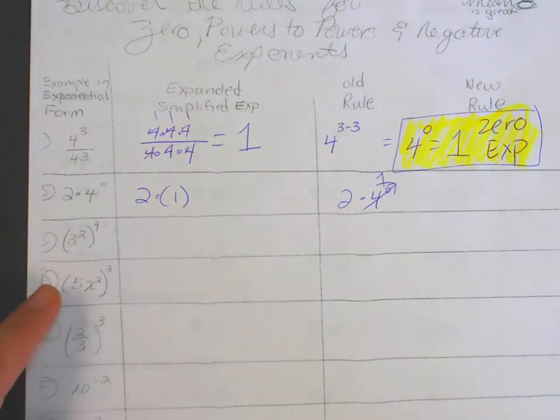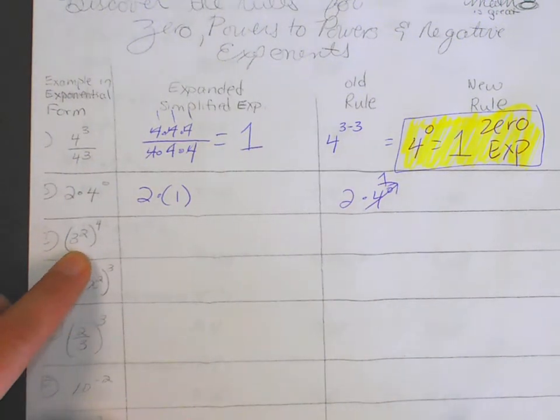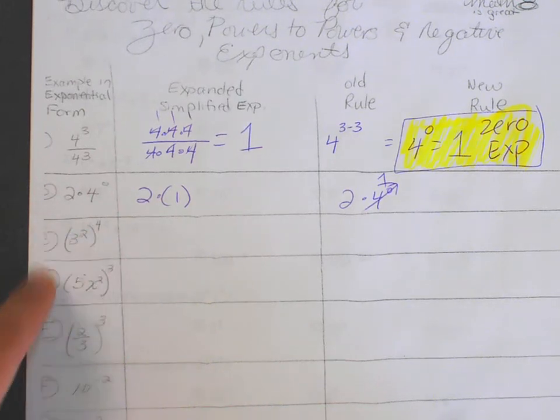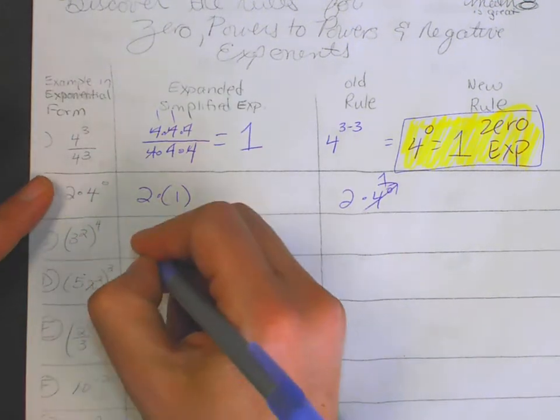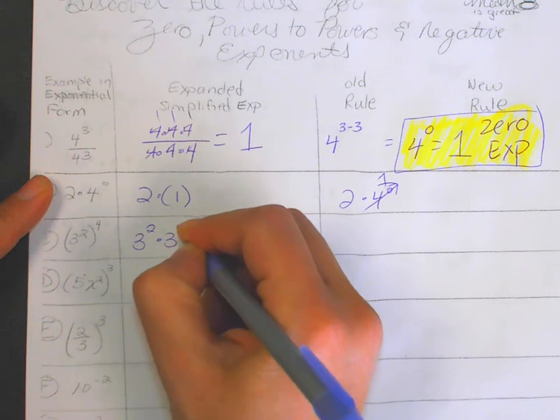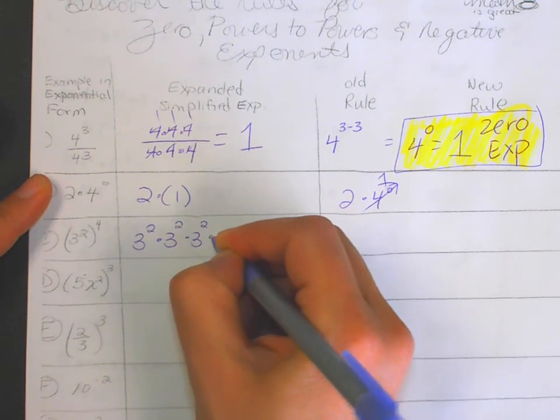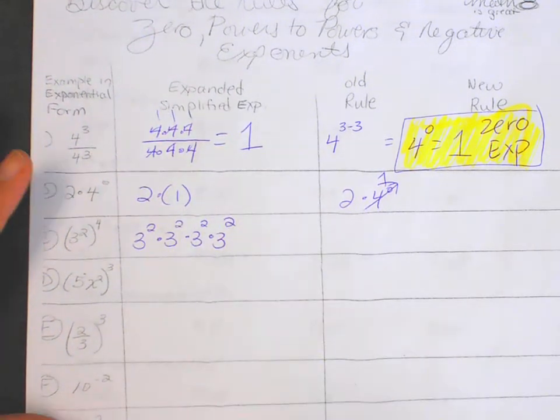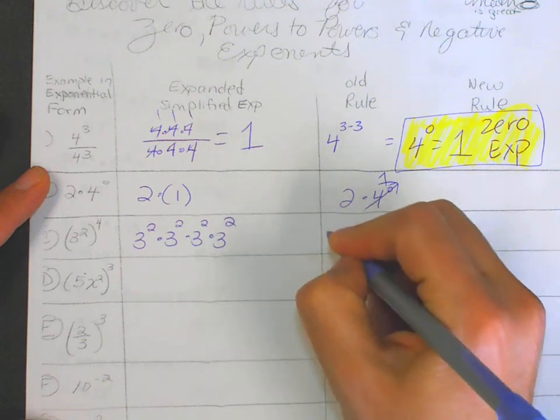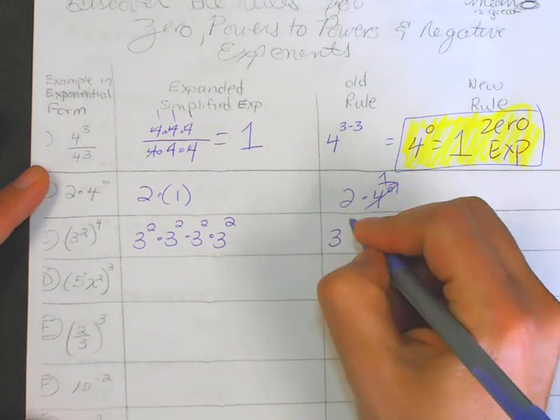Okay, so 3 to the 2 to the 4. I want this thing in parentheses written 4 times, so let's do it. 1, 2, 3, 4. Looks like I'm using my old multiplication rule, which multiplication says addition, right?